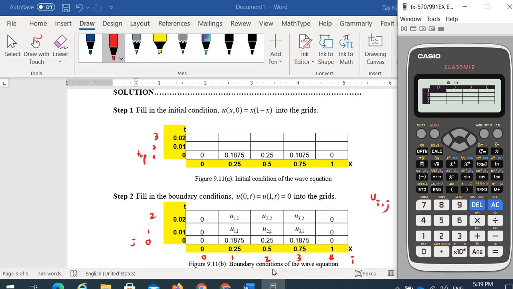First, fill in the initial condition, x times 1 minus x. So I key in this cell first.